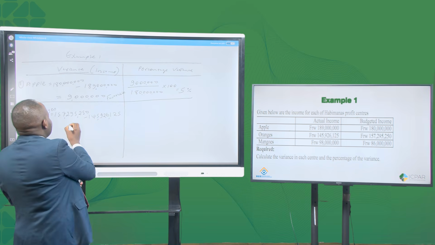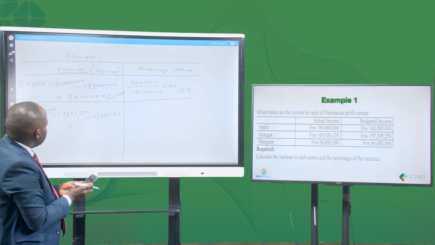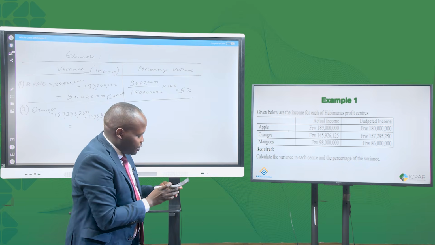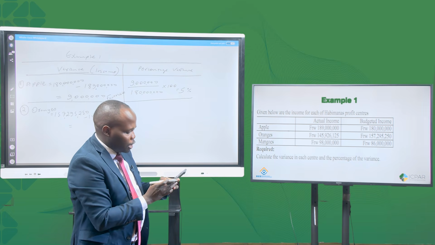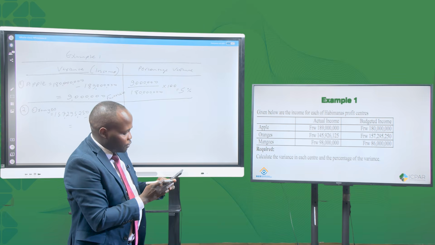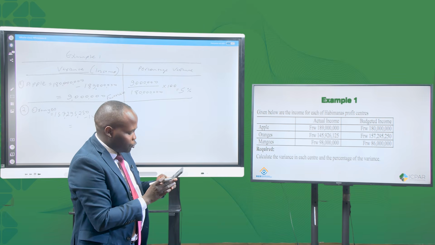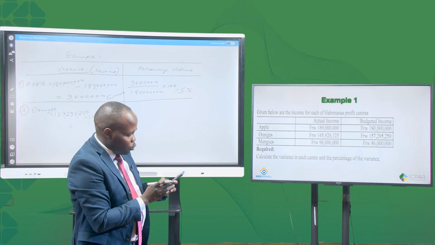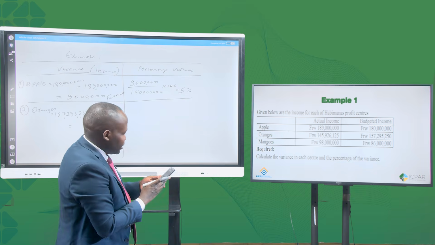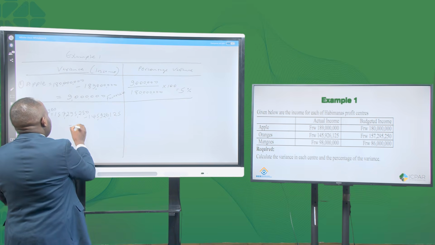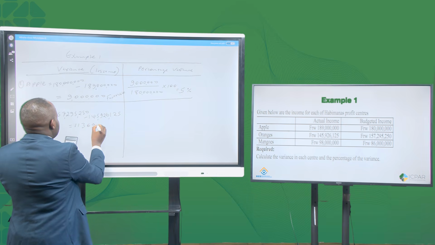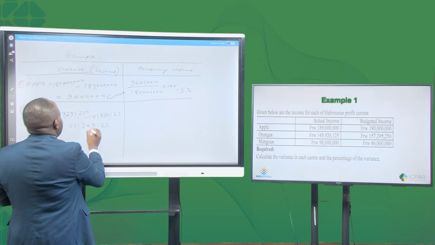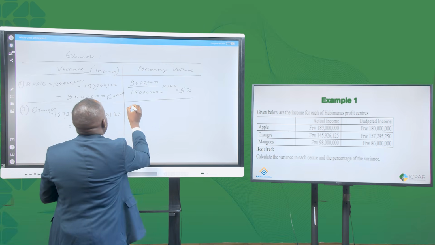So this gives us a variance of, let's look at it, 157,295,250 minus 145,926,125. It gives us a variance of 11,369,125. What is the variance percentage?